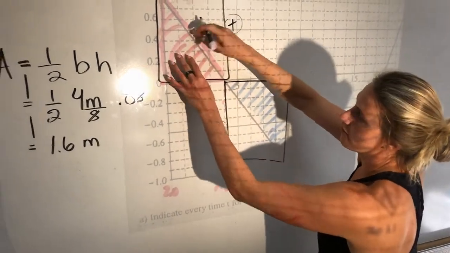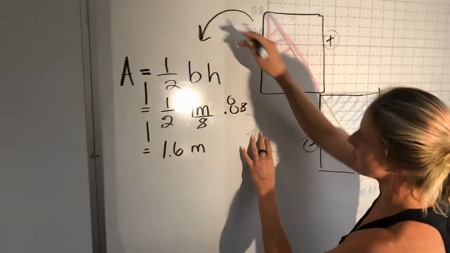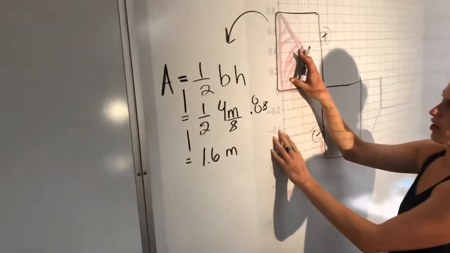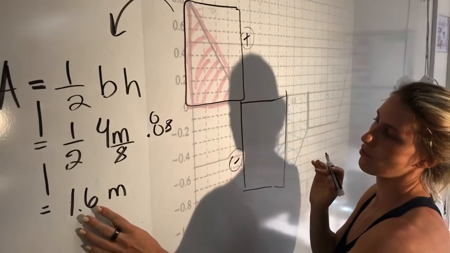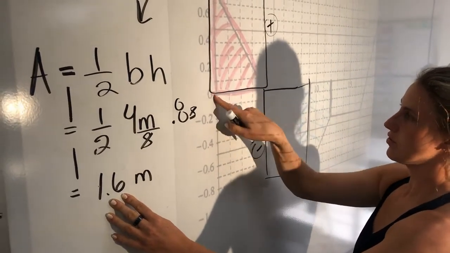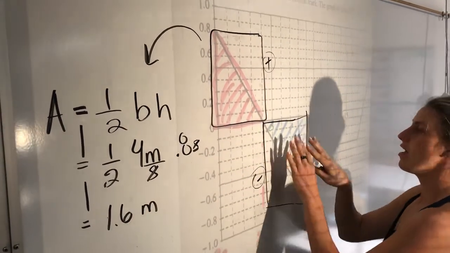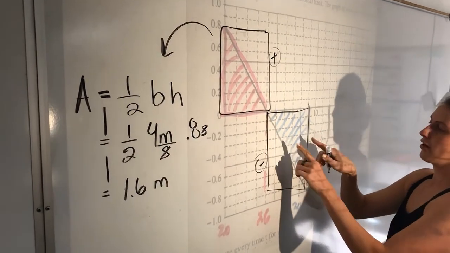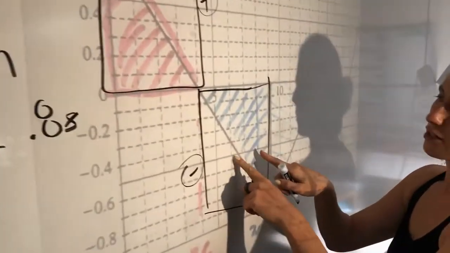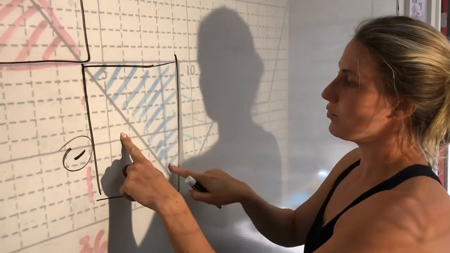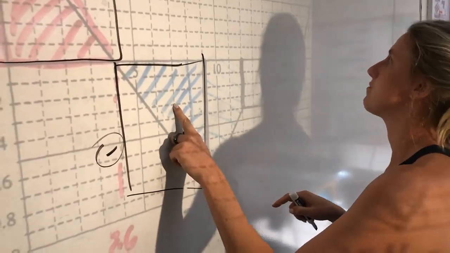Now, we already have the area under the curve here. We already have the displacement for this first segment right here. We said it was 1.6 meters. So this right here represents 1.6 meters. Now we need to figure out what the area under the curve in this blue box is, because this will be the displacement here.